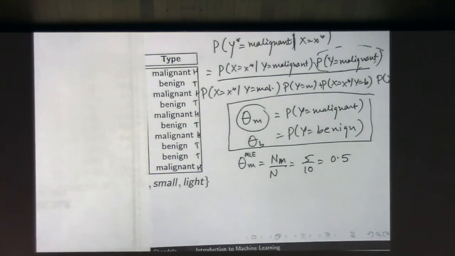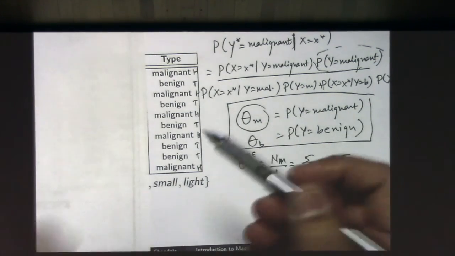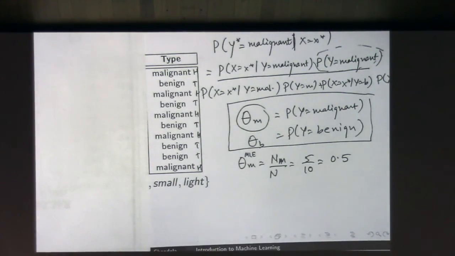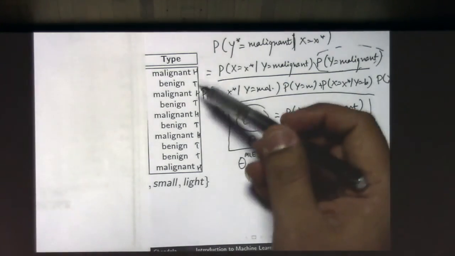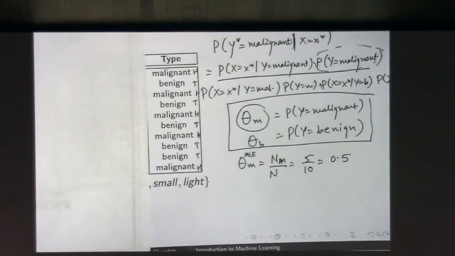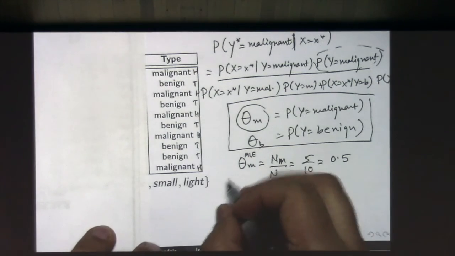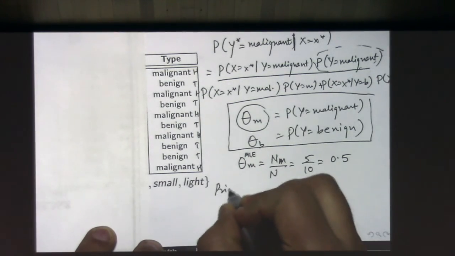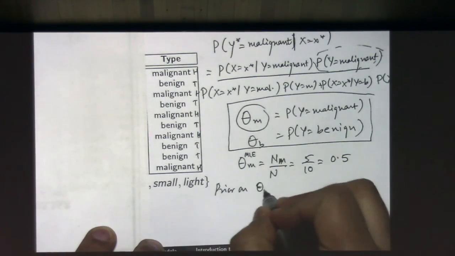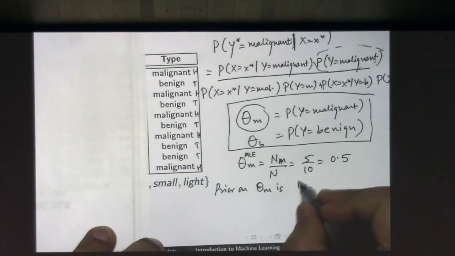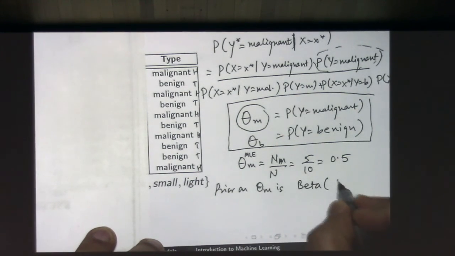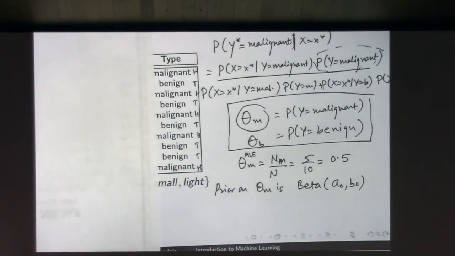Now you could make it even more interesting if you want to incorporate some prior. If somebody says, hey, because we want to avoid things like the black swan paradox, right? So let's say the prior on theta m is a beta distribution with some a0, b0 as the parameters of that beta distribution.